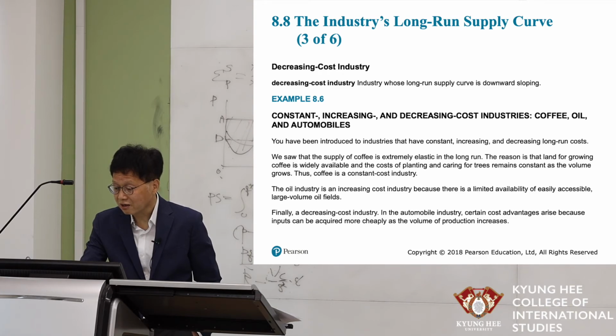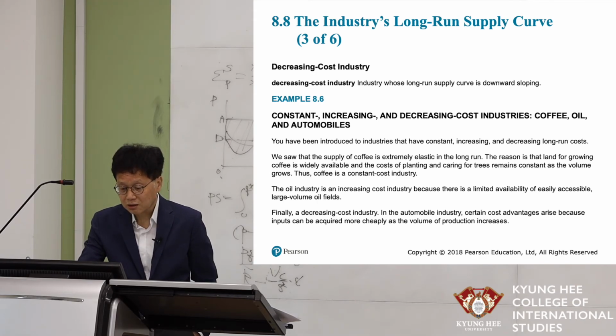The reason is that land for growing coffee is widely available and the cost of planting and caring for trees remains constant as the volume of output grows. Thus, coffee is a constant cost industry.